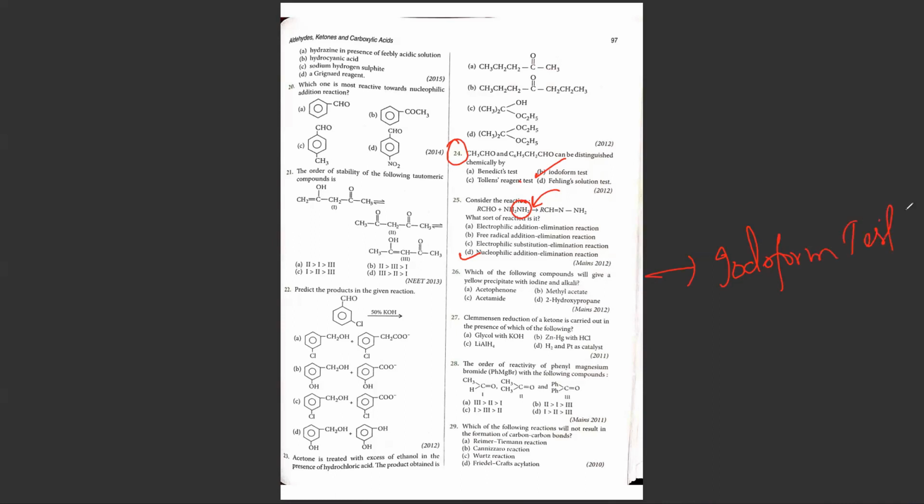Only the iodoform test gives you a yellow precipitate with iodine and alkali.